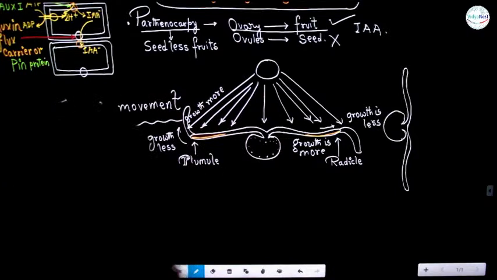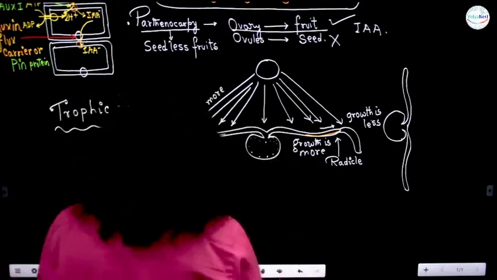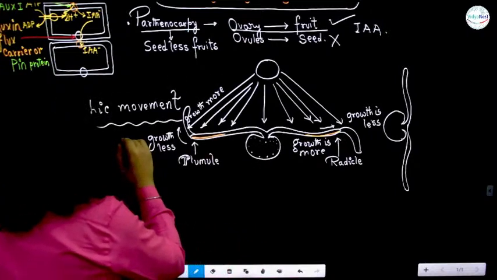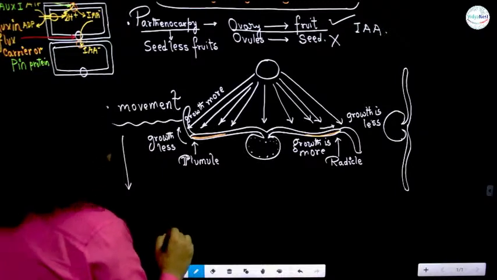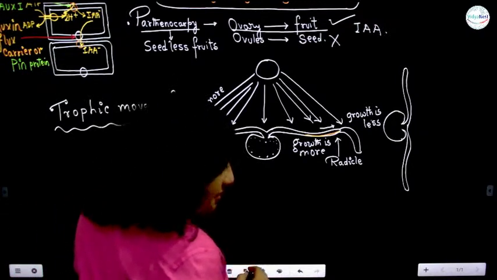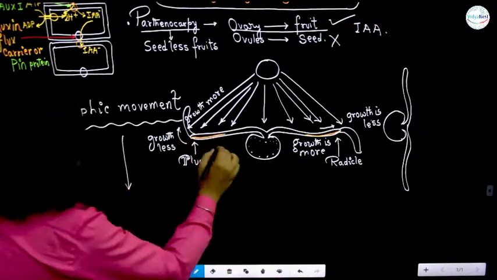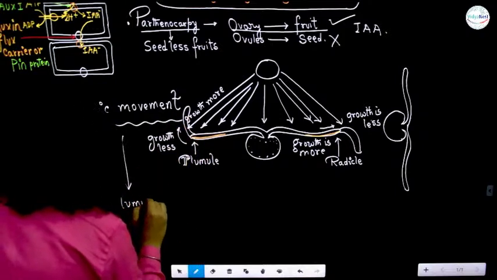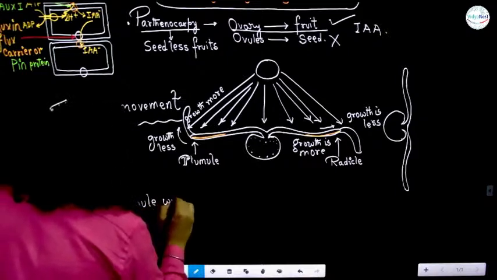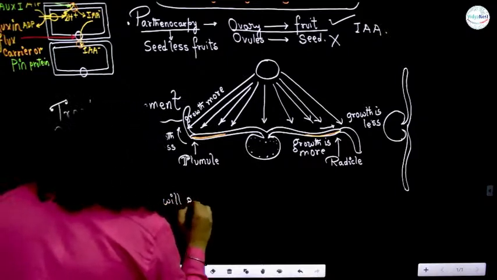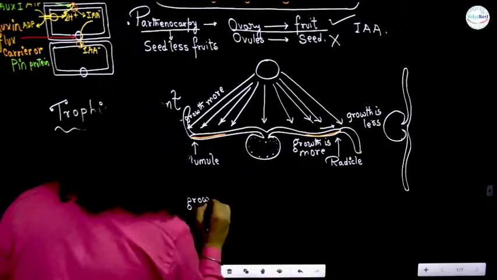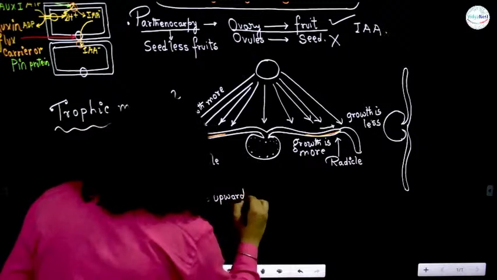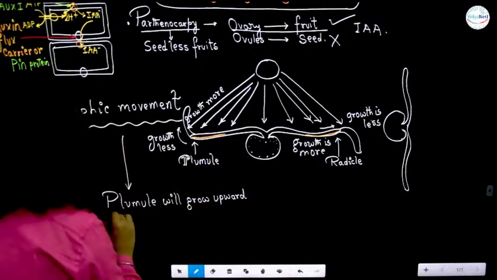So in this case we can find that it will be showing a tropic movement, due to which there is formation of the shoot upward. That means the plumule will grow upward, and the radicle will grow downward.